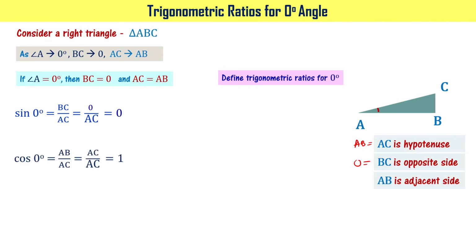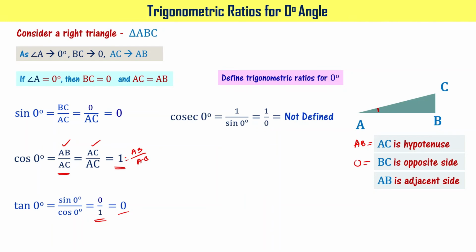And cos 0 degrees equal to AB by AC, that is adjacent side divided by hypotenuse. In this case, AB is going to be AC, or you can say that AC is going to be AB. In both the cases, cos 0 degrees is going to be 1. I can write it as AB by AB also, right? That is equal to 1. Now, tan 0 degrees is going to be sine 0 degrees divided by cos 0 degrees. That is 0 by 1, that is equal to 0, right?